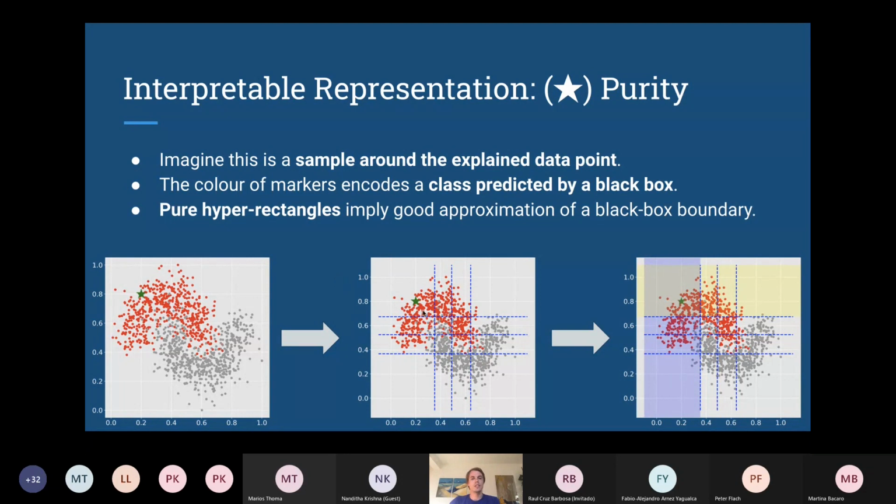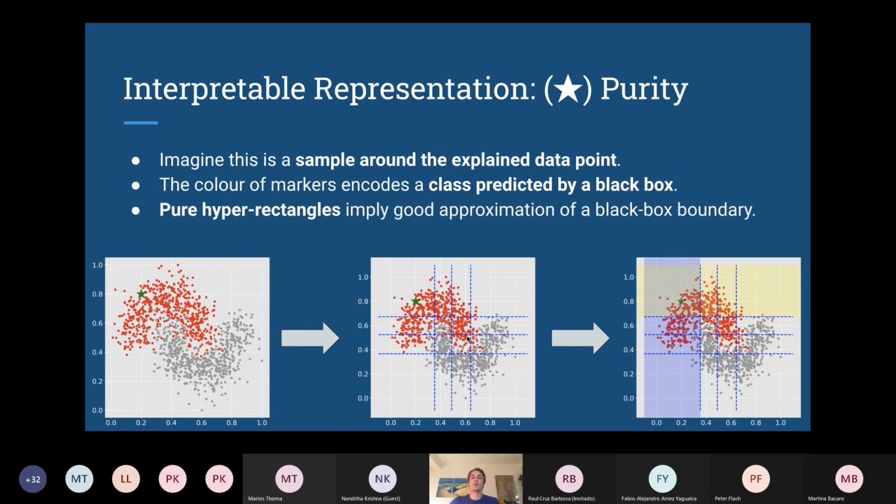So if the explained instance is the green star here, you want to figure out how the black box decision boundary would run. And for this data set, it would go across here and up there. And here, for both the binarization and the discrete representation, you can actually visually inspect and see, well, okay, it actually splits the decision boundary quite nicely, so we're good.